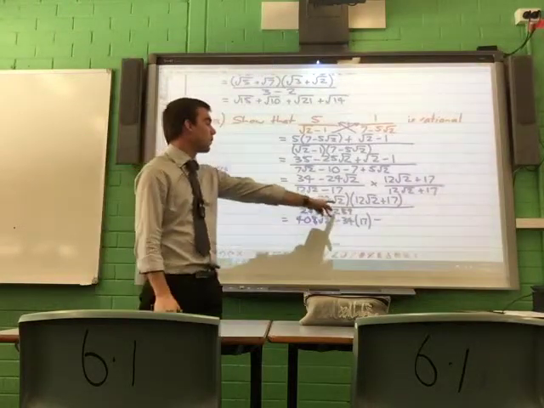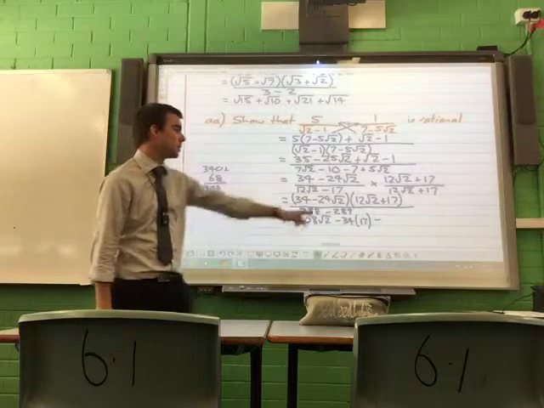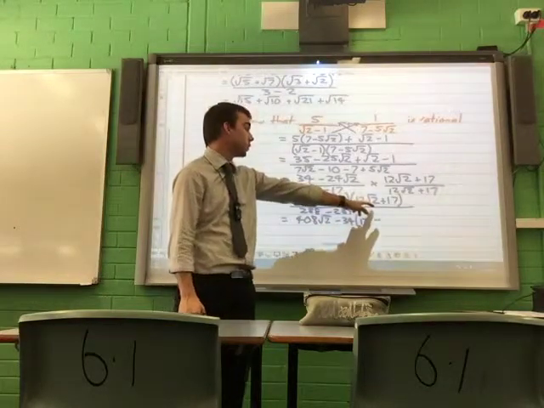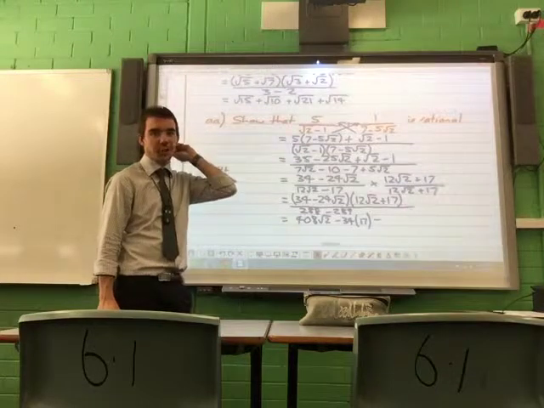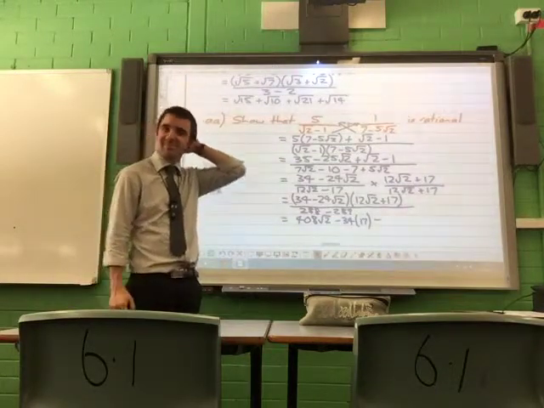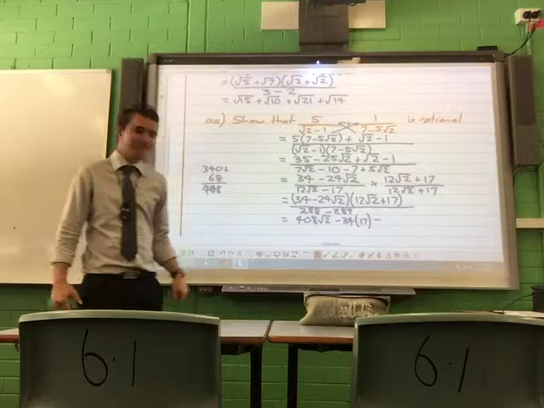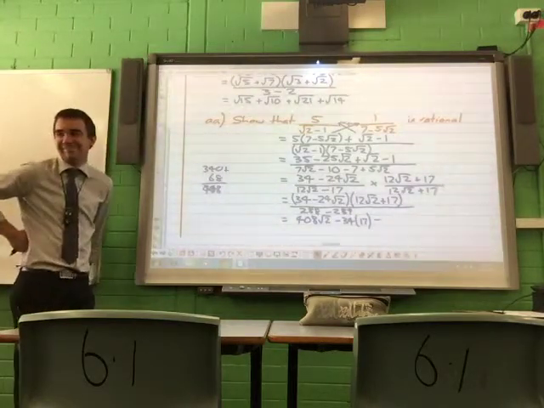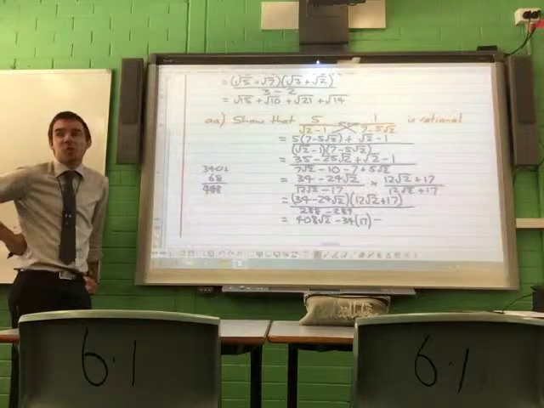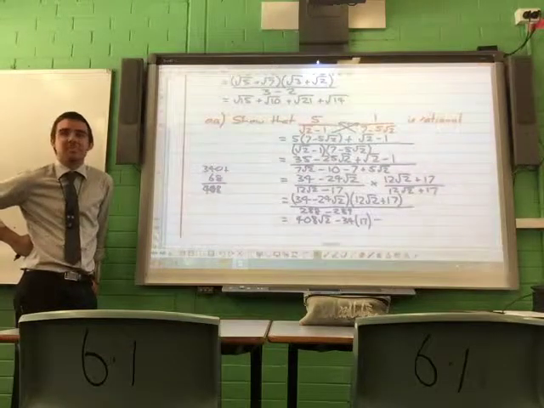Okay, inner: 24 root 2 times 12 root 2, so root 2 times root 2 is 2. 12 times 2 is 24, so what's 24 squared? I feel like I've got one question too far. 24 squared. 480 something.